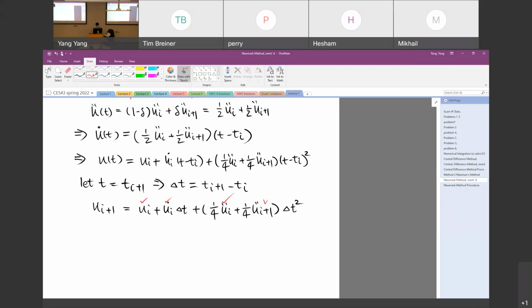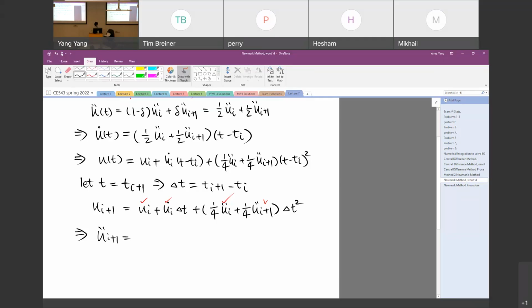So the question here is we can also express the acceleration in terms of the displacement.